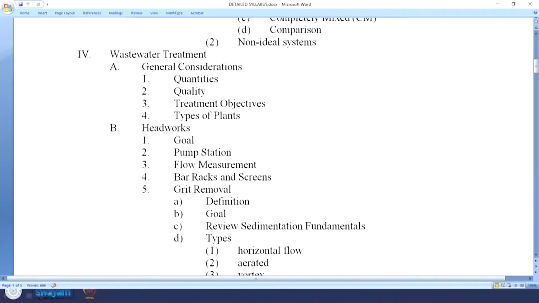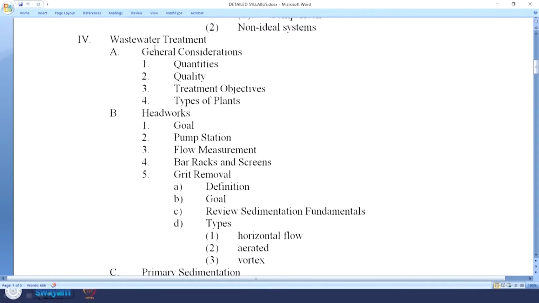Those aspects we will look at when we talk about mass balances. And then we are going to move on to discussing wastewater treatment. Other people typically look at water treatment, but I find wastewater treatment relatively more interesting. So, we will talk about wastewater treatment first and then move on to water treatment.